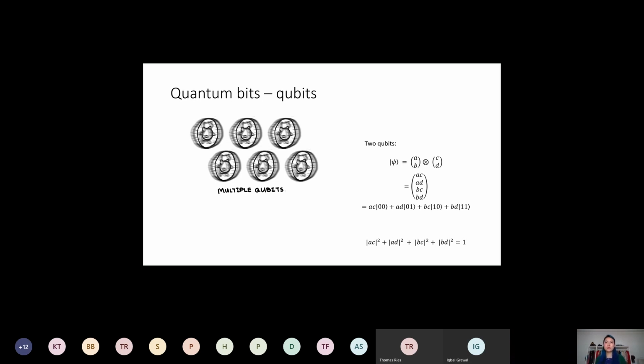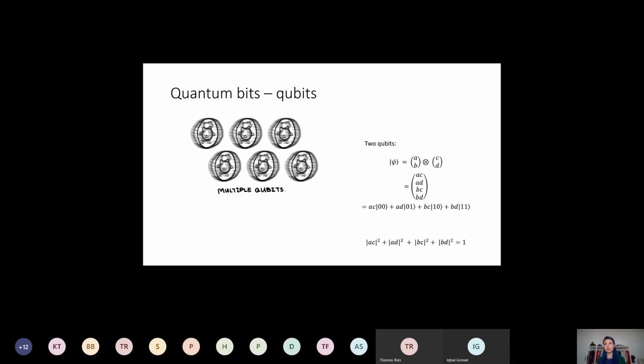So when you have 2 qubits, you can combine them with a tensor product. All it does is describe all the 4 probabilities that 2 qubits can be in. Just think about it: you have 2 qubits, and each of them could be 0 or 1. When you combine them, there are 4 configurations they can be in.